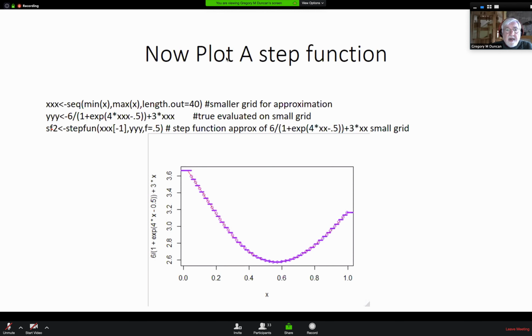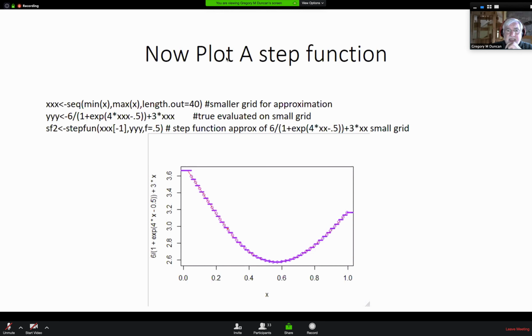You don't need to know the details here. This part is fairly advanced. But what I did was I approximated that function with a step function.